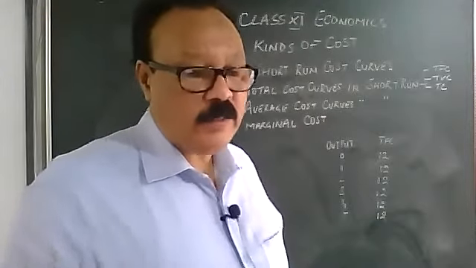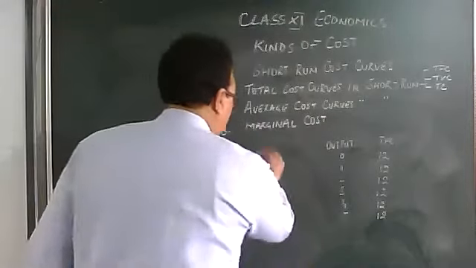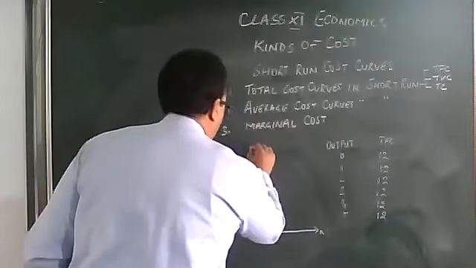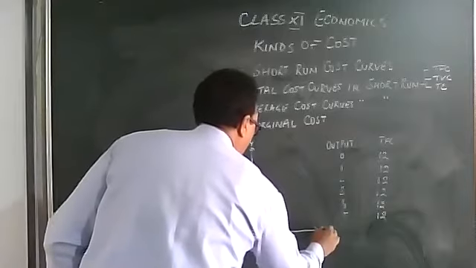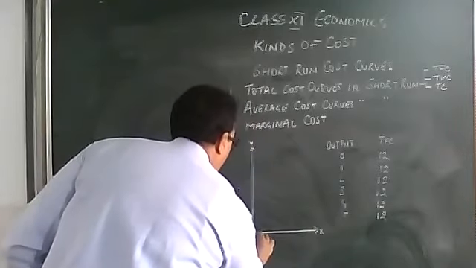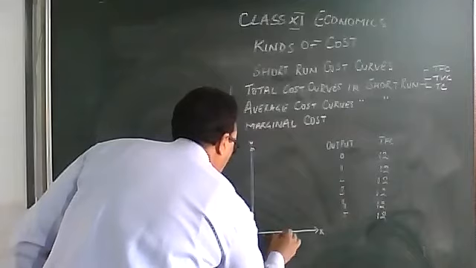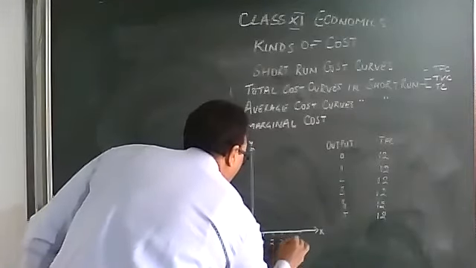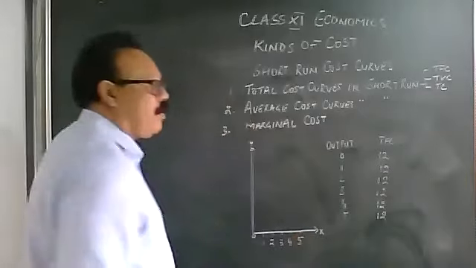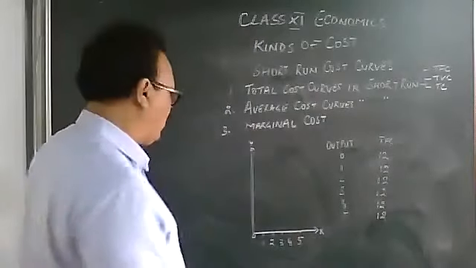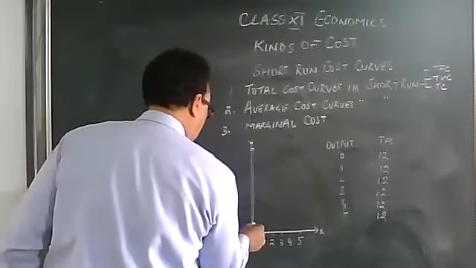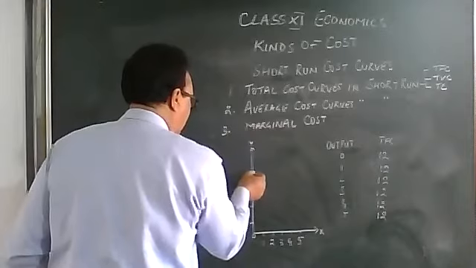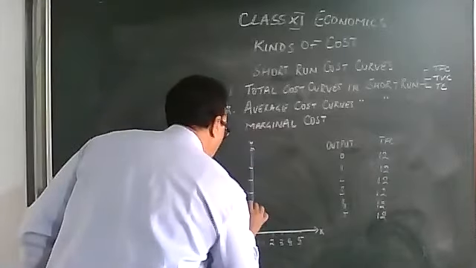And when we draw this on a graph, if we take the output here 1, 2, 3, 4, 5, and on the y-axis, if we take the total fixed cost, let's say 4, 8, 12, 16, 20.